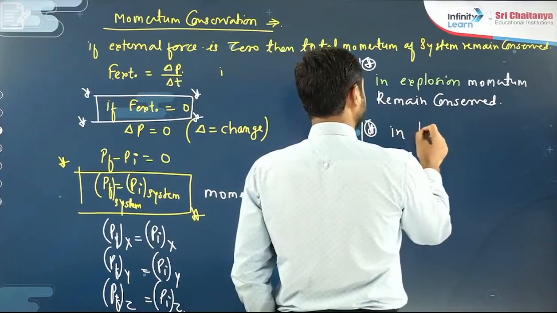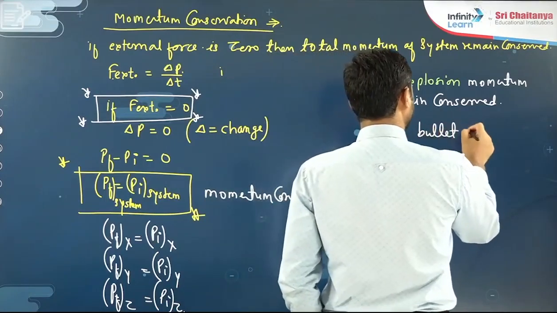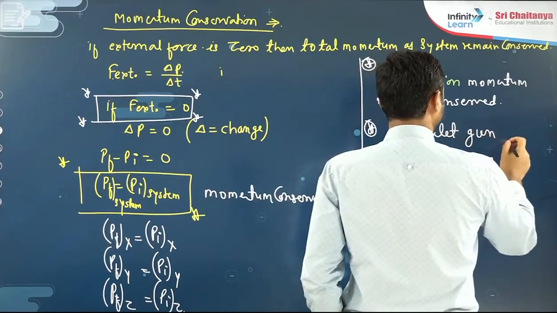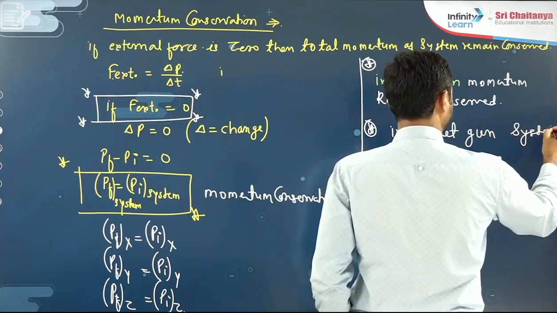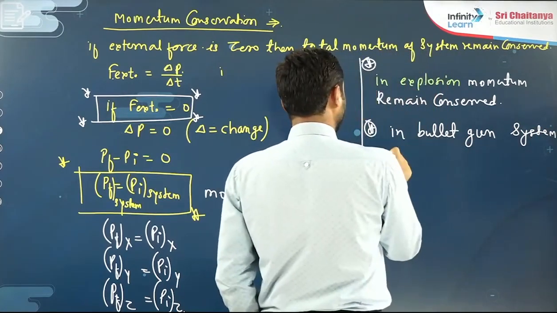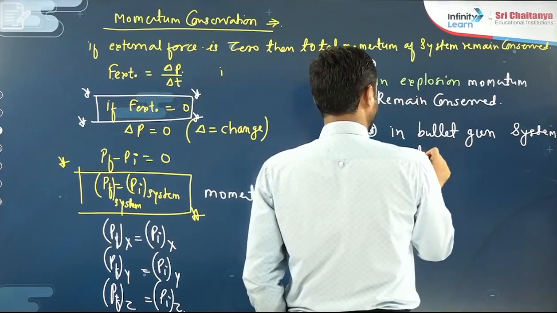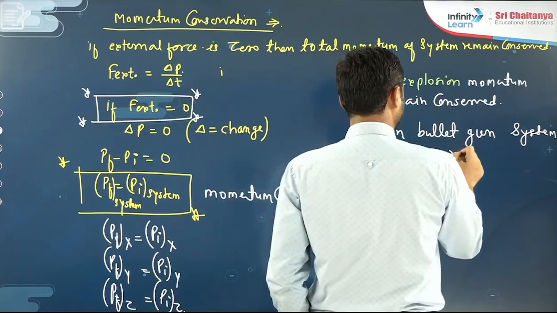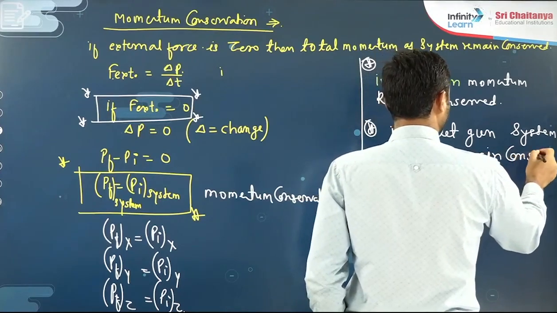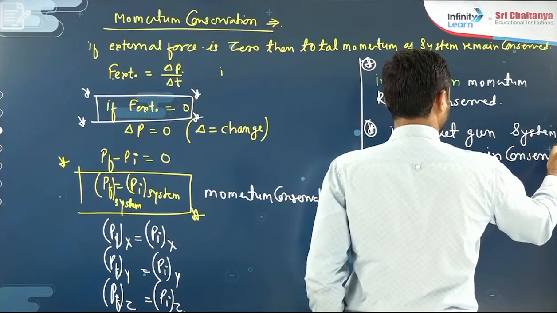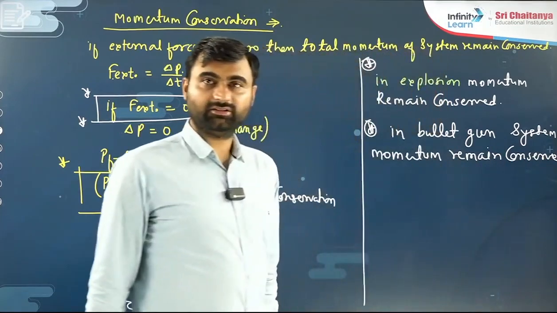In the bullet gun system momentum remains conserved. Clear?